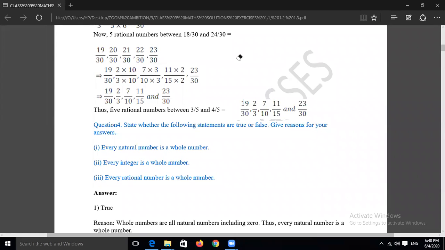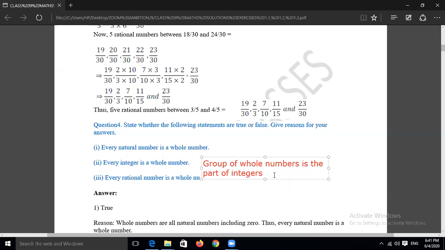If you want to write the answer in a simple way for the second, we can say the group of whole numbers is a part of integers, but all integers cannot be whole numbers.